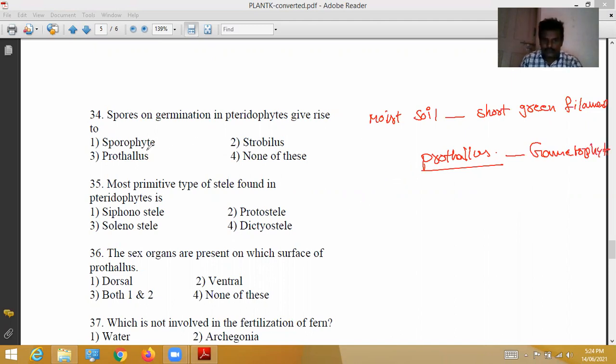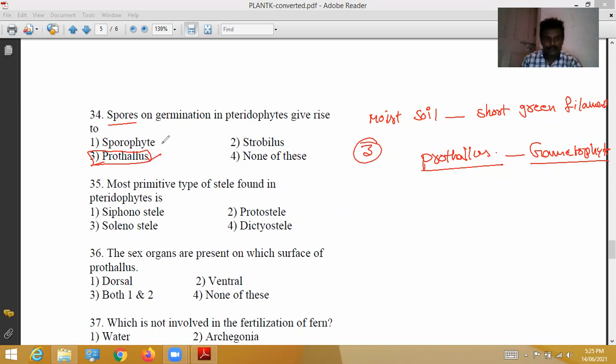So among these four options, the correct option is the third option, prothallus.